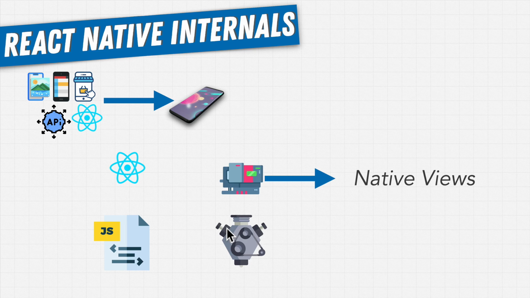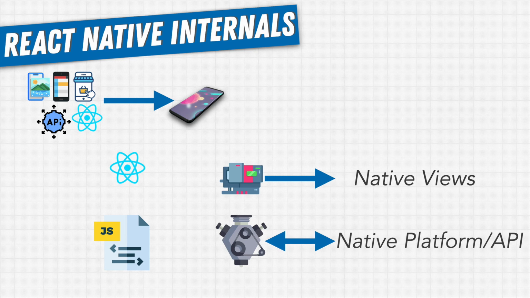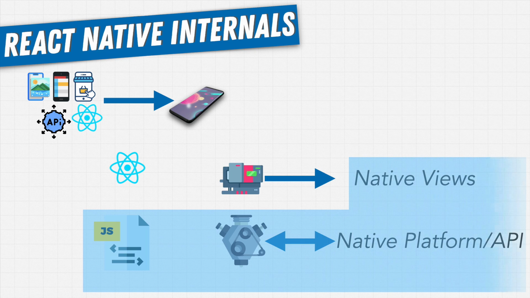So with React Native, the JavaScript Core engine is used to read this logic, and then this JavaScript virtual machine communicates with the phone, with the native platform and API to tell it what to do, what actions to perform. So when we ship React Native code to a phone, we are essentially shipping this entire part.